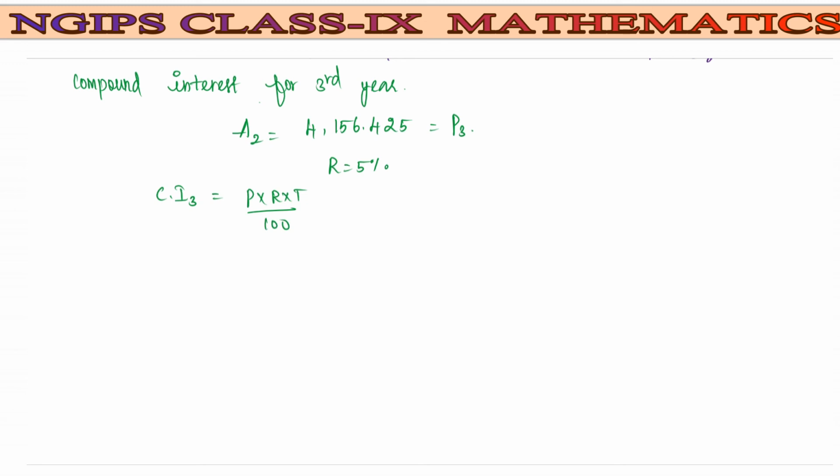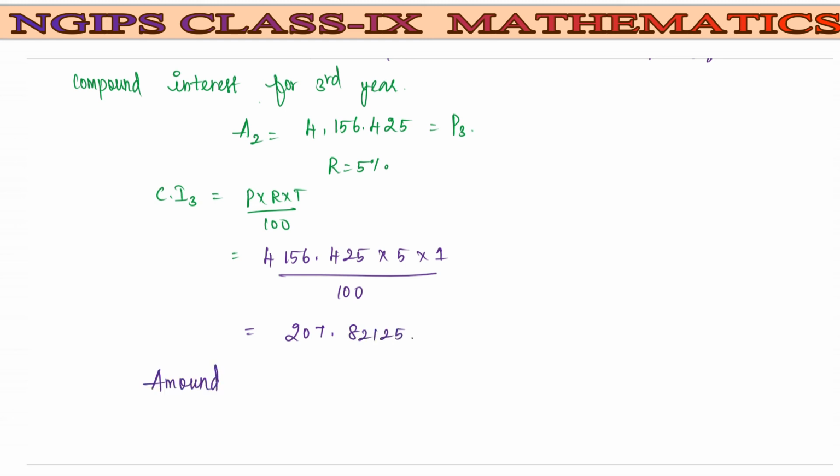So the principal is 4,156.425 into rate 5%, we calculate for 1 year, divided by 100. If we simplify, we will get 207.82125.